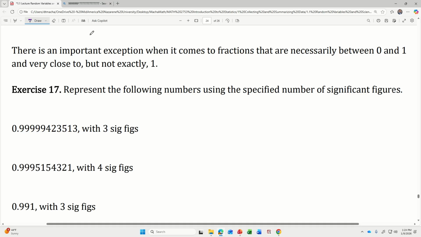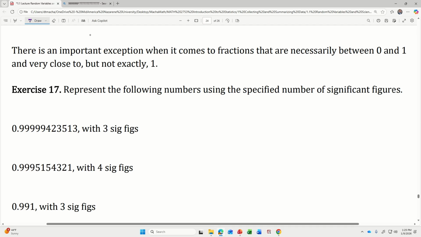And not only that, if I ask you what fraction of MNU students are less than 50 years old, that's probably a fraction that's really, really close to 1. Like, it might be like 99.99%, right? That's what I'm talking about here in exercise 17. Represent the following numbers using the specified number of significant figures.